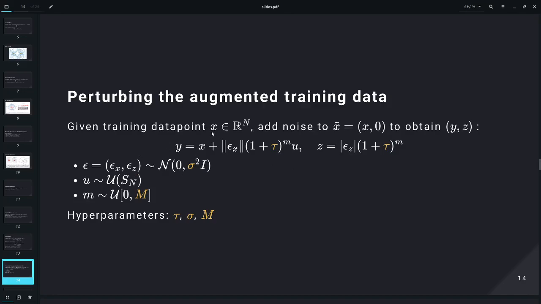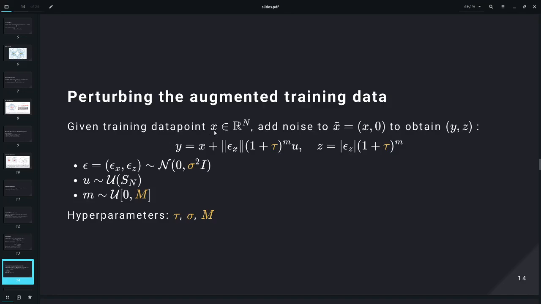But the paper has a more clear orientation because they have different fonts for x, which I don't think I have in my slide program. So that adds a bit of confusion. But x without anything is a data point.